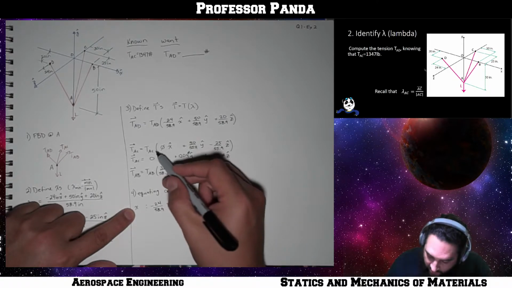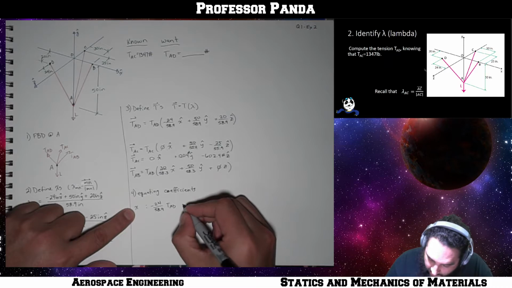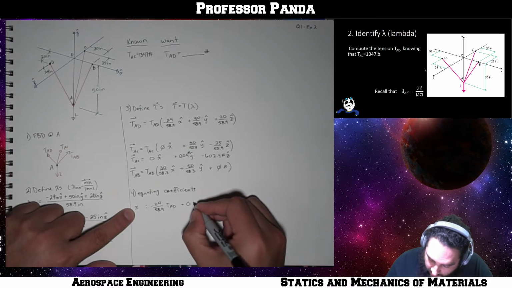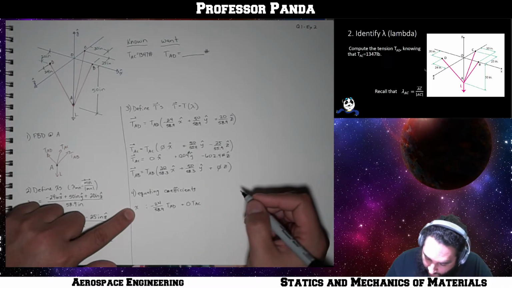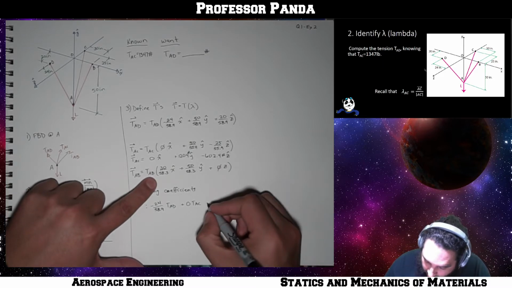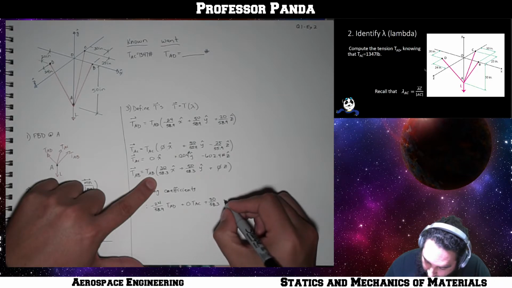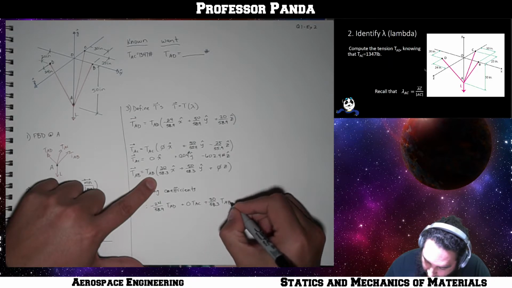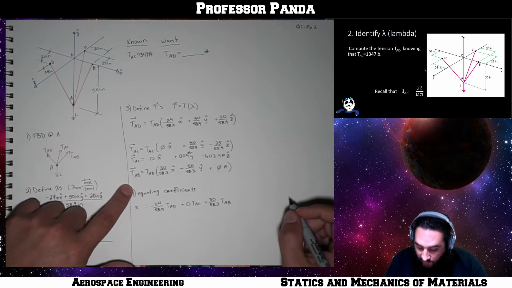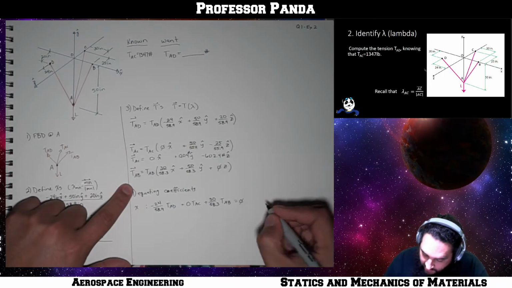We have 0 TAC. And we have 30 over 58.3 TAB. Okay, that completes all of our x equations, so set that equal to 0.